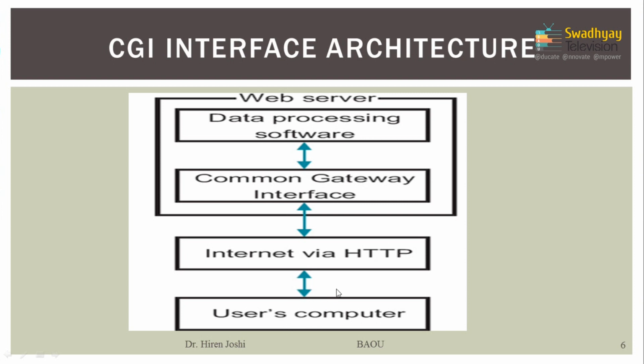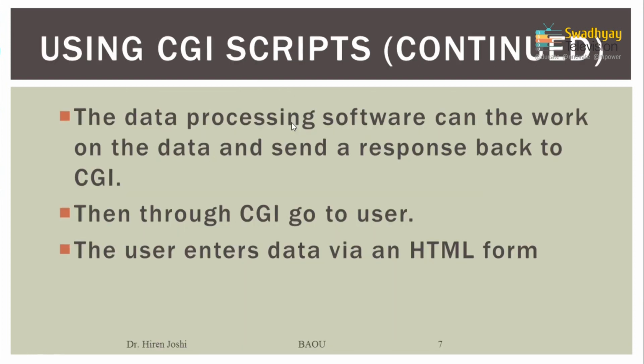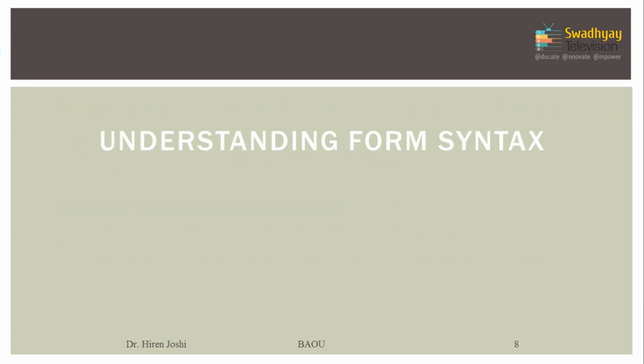So, the user's computer has internet and the user will input some data through HTTP protocol, and when they click on the submit button or some button, it will come to the web server through CGI, and CGI passes this data to the data processing software. This is the same thing as I have explained, how it works.